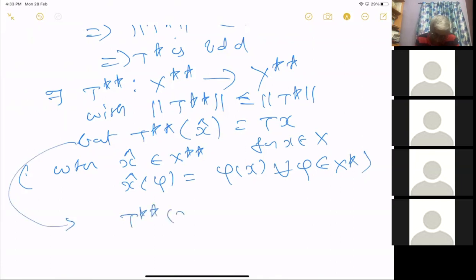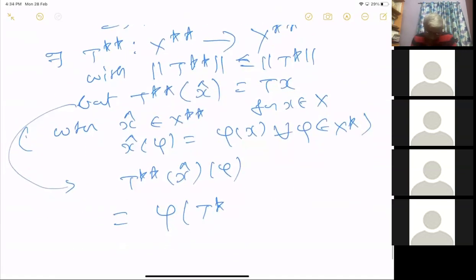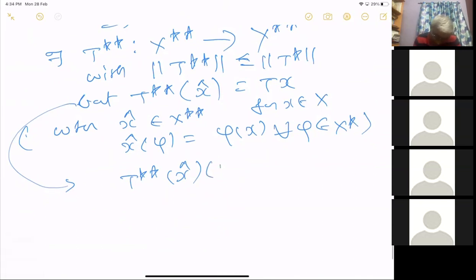T double star of x hat, acting on phi. By definition, this is equal to phi of T star of x hat acting on phi... T star is a map from... T x hat acting on, I mean the phi is that way, sorry.